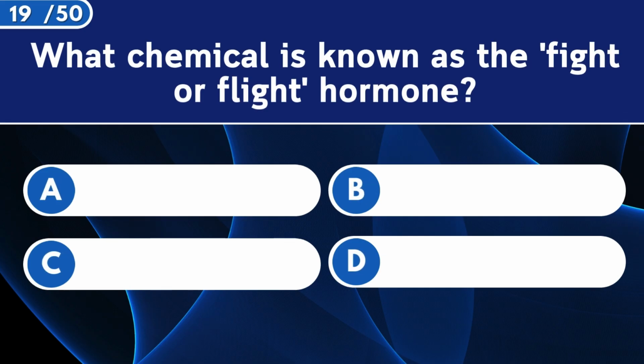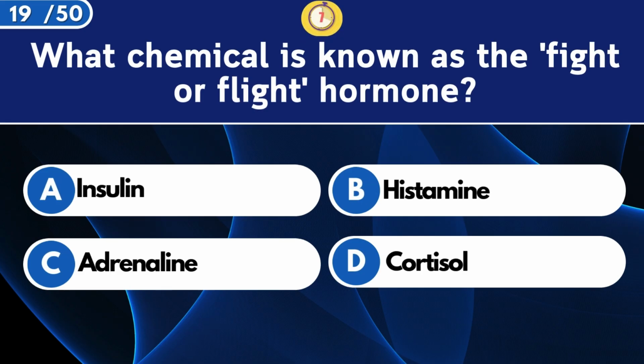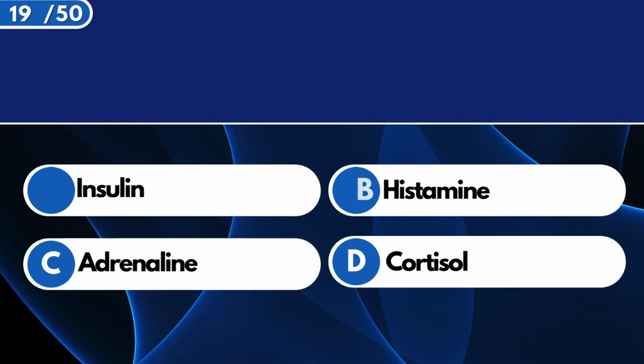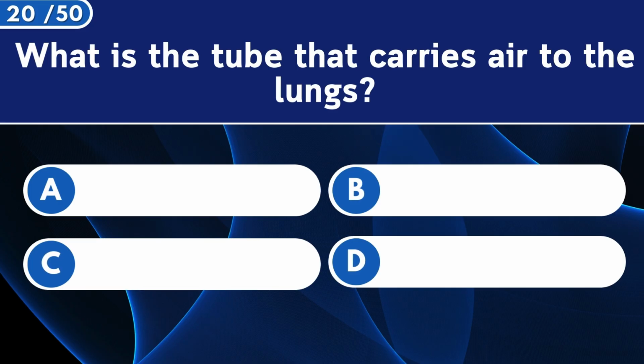What chemical is known as the fight or flight hormone? Adrenaline. What is the tube that carries air to the lungs?